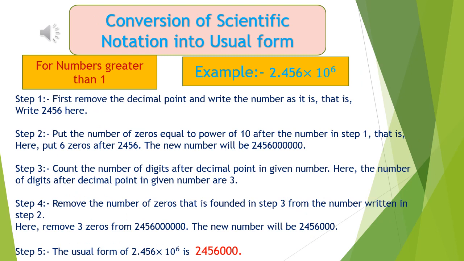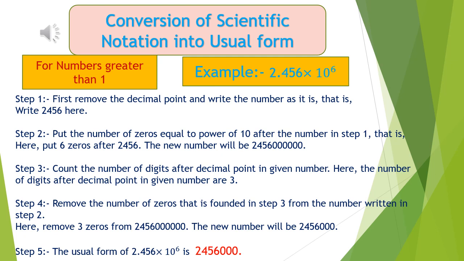Now, students, we will convert our scientific notation into usual form. In the earlier two examples, we converted the numbers into scientific notation, and now we will convert numbers in scientific notation into usual form.